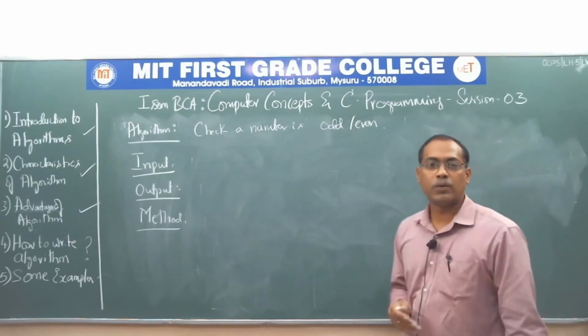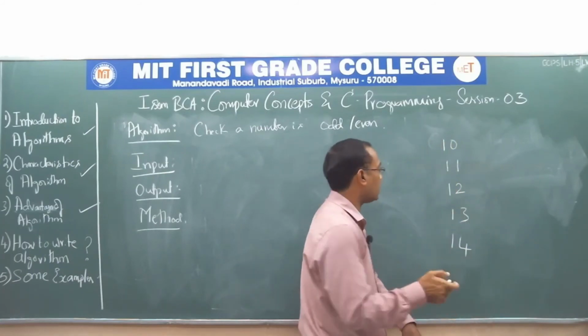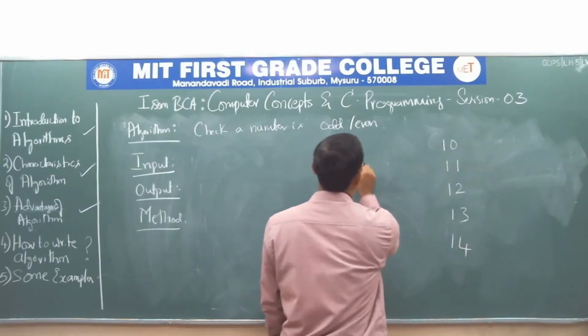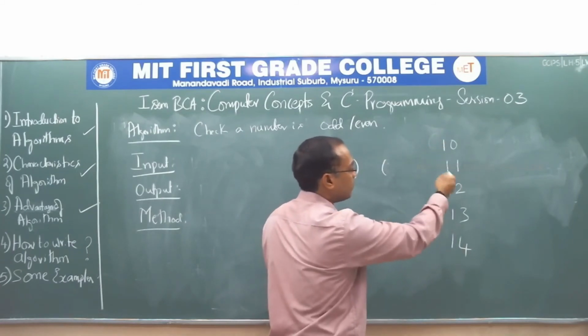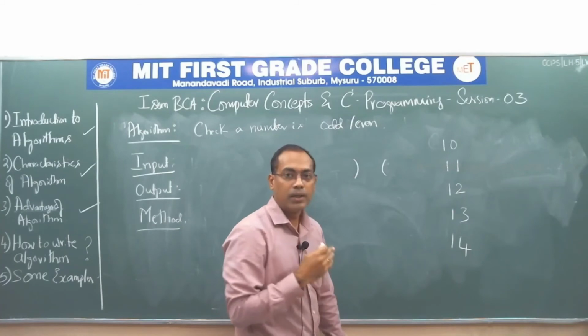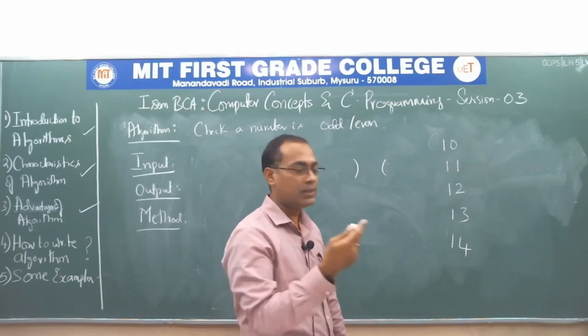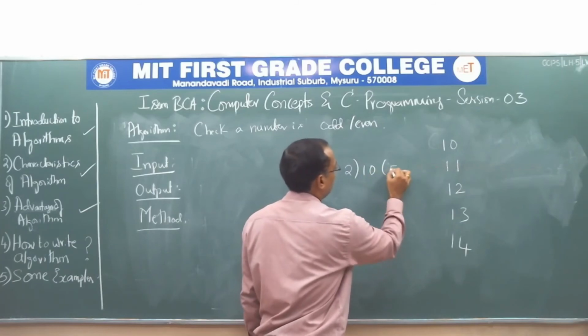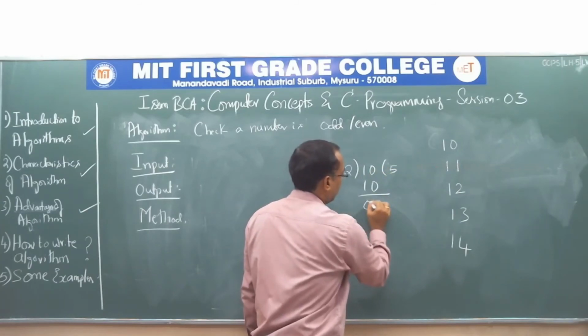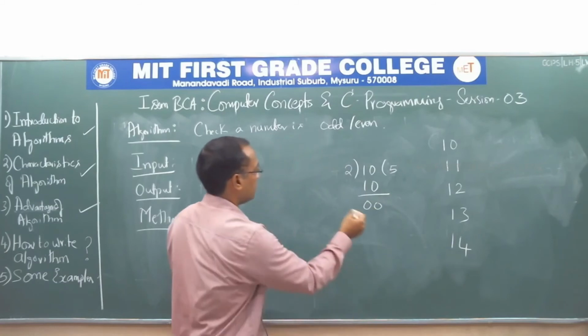Here we are first going to try to divide 10 by 1. If you divide 10 by 1, or 11 by 1, we will get the same number, so there is no use in dividing the number by 1. Next we will take 2 and divide. 2 5s are 10 and we got the remainder 0.